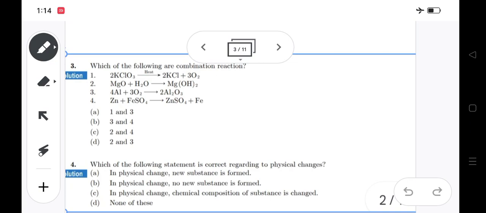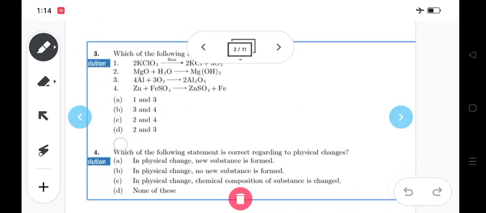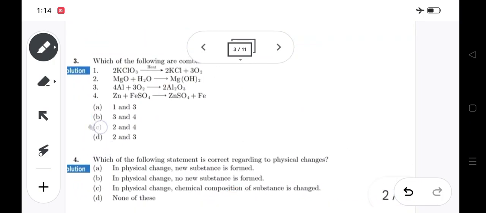Is that a combination reaction? No, that is a displacement reaction. So what is the answer? Option C, options 2 and 3. Okay.